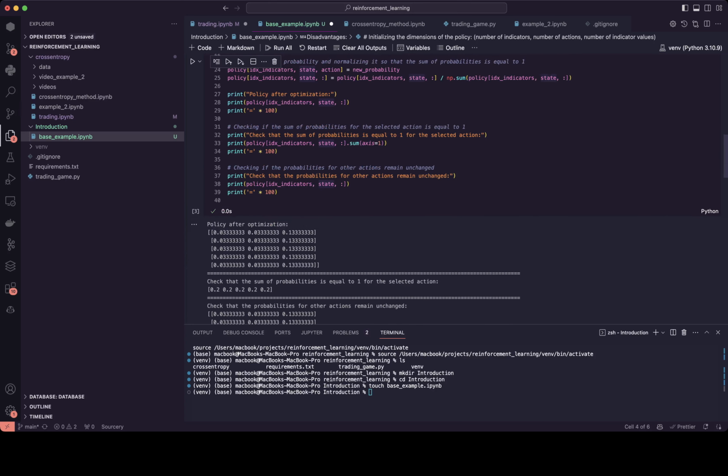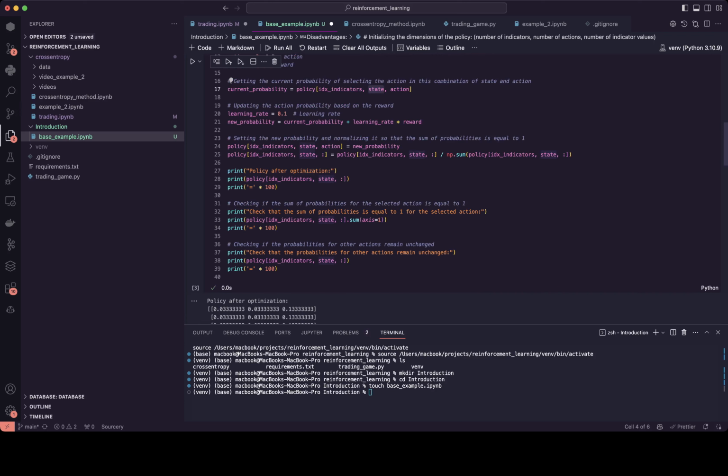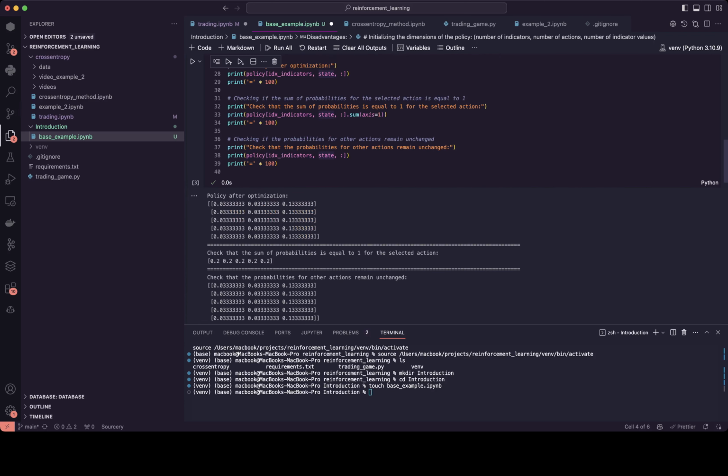So, okay. And then what we need to do, for example, this is some policy after optimization. You see, when we do the initialization of this policy, we create the same probability for each cell. But after optimization, we update this probability, it would be this one, you see?